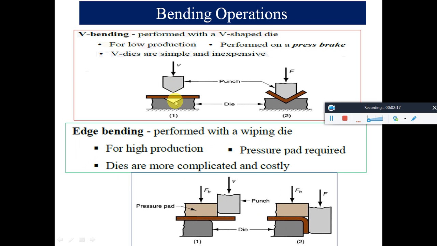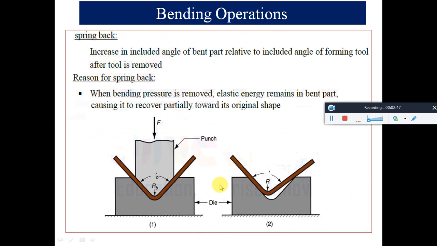Here the die and punch match together, separated by a certain distance, with a small clearance, generally more than the thickness of the sheet. For high production we go for edge bending, and a pressure pad is required here, and the dies are more complicated and costly compared to V bending.